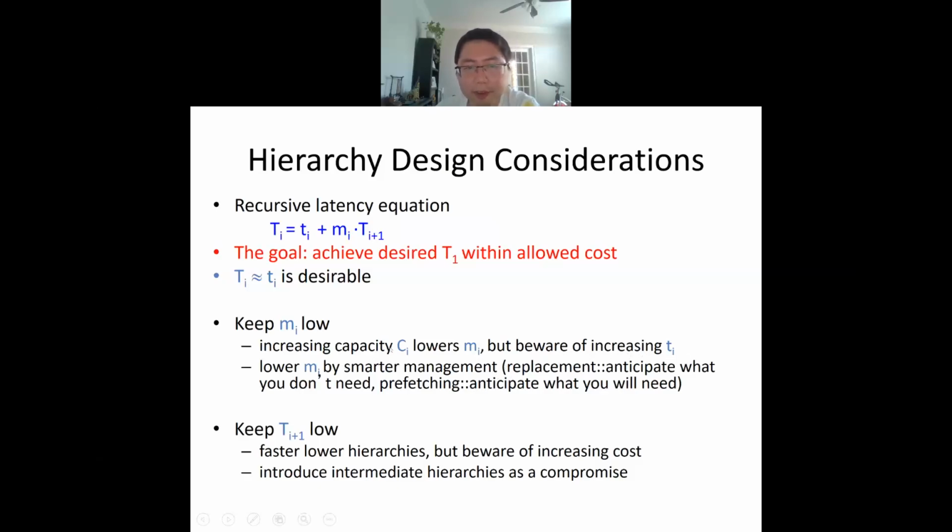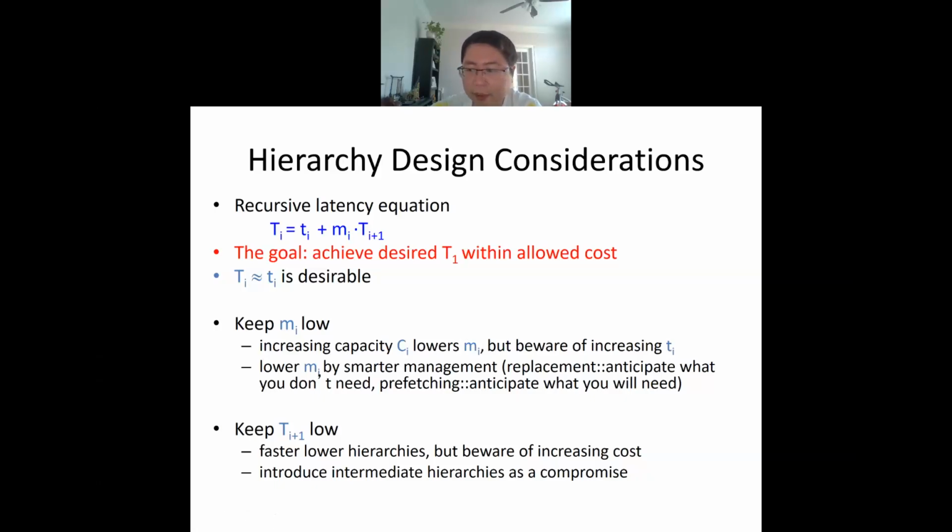As we discussed earlier, the larger the capacity, the slower the speed. So for the current level, you need to spend more time to locate the data if you increase the capacity. You need to be aware of this trade-off. Even though you decrease the mi, you may increase the Ti if you increase the capacity.